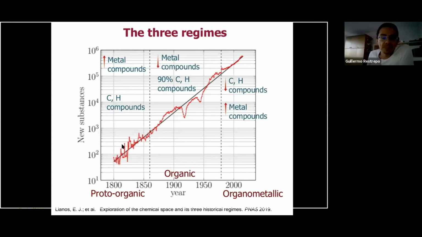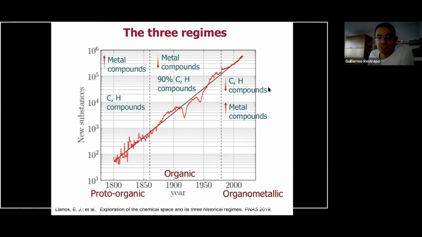By analyzing the variability of this signal using time series analysis methods, we found three statistical regimes, which we call the proto-organic regime, the organic regime, and the organometallic regime. In the first, most of the compounds were based on metal compounds, but there were also some with carbon and hydrogen. The second was a period where many of the compounds reported had carbon and hydrogen, and the percentage of metal compounds dropped.